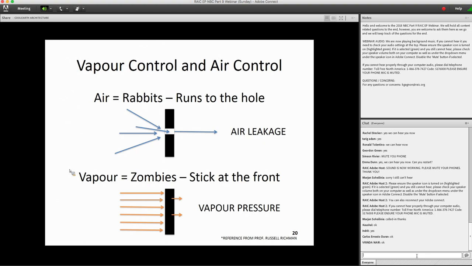In both cases, we have a similar situation where there is a movement of vapor content in the air, or vapor content without moving air, that comes from a hot place or warm space to a cold space.